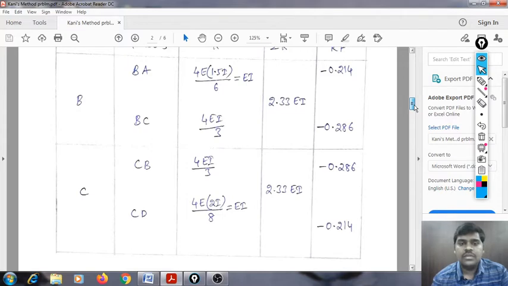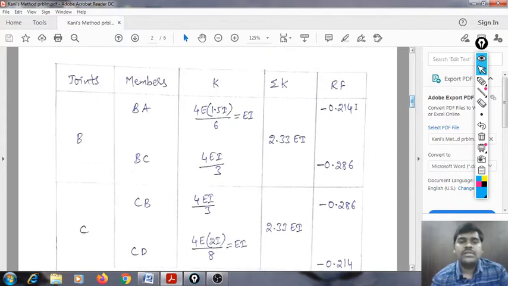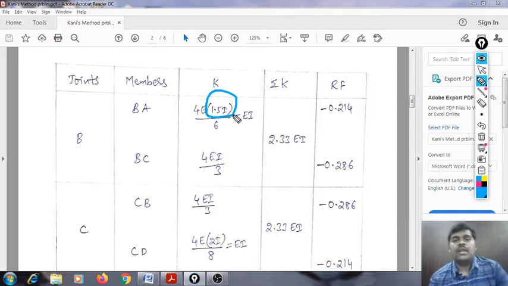These are the joints and the members. The K value will be 4EI by L. Instead of I, we use the given moment of inertia, such as 1.5 I, as discussed at the very start of the class.